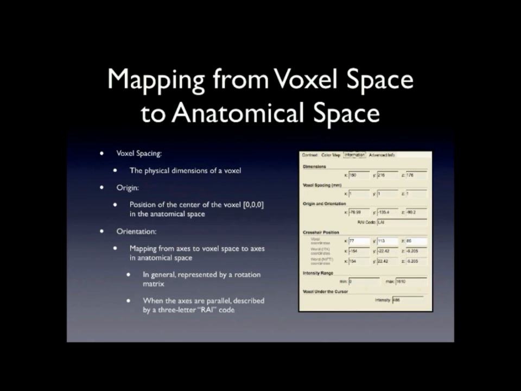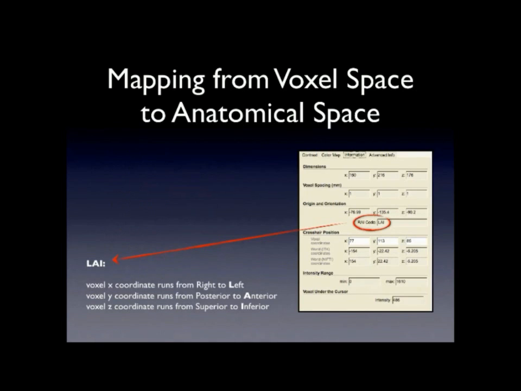The origin in ITK-SNAP lingo is the position of the very first voxel in physical space. It tells you the physical coordinates of the center of the voxel with index 0, 0, 0.